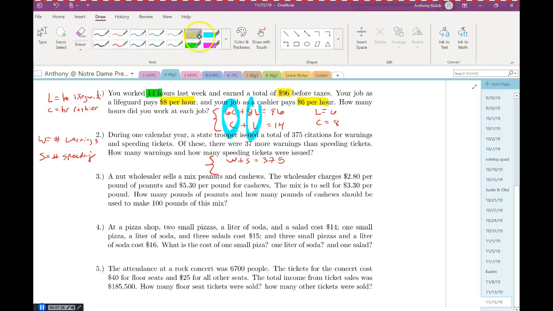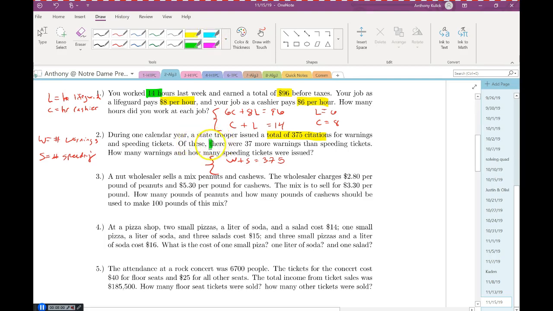And I know that because I'm told that we had a total of 375 citations, and it goes on to tell me citations are made up of warnings and speeding tickets. So that should be easy. Everybody good with that one?